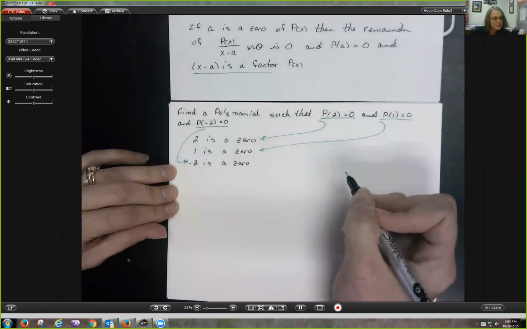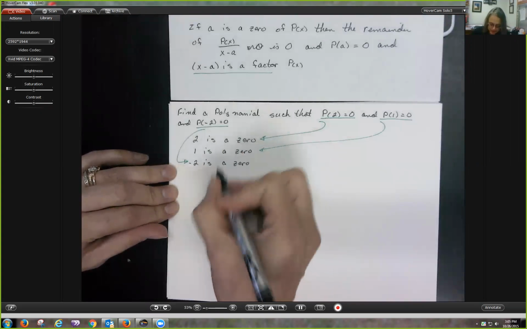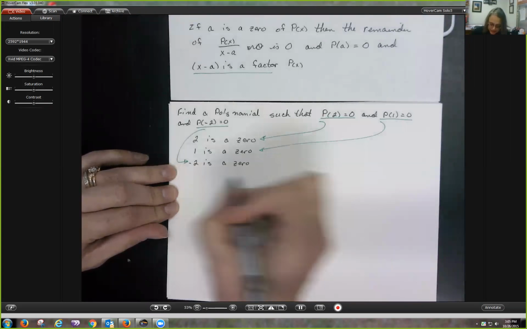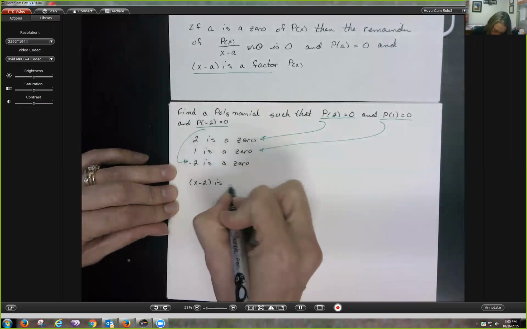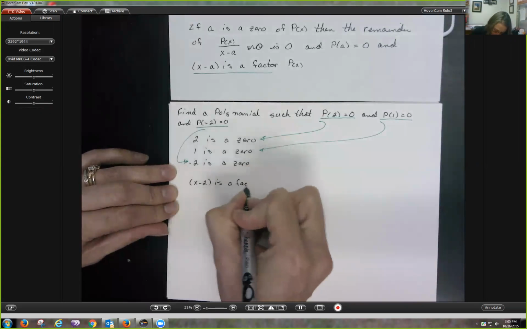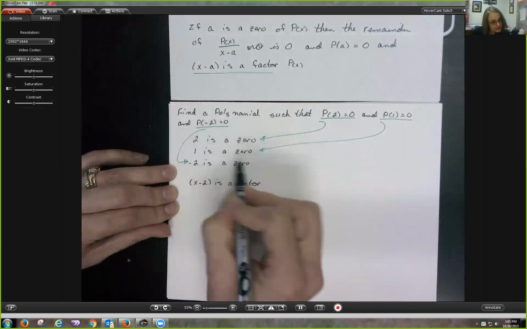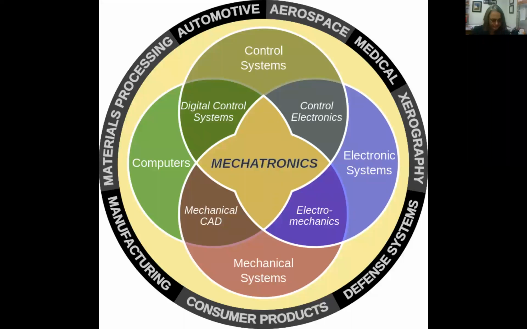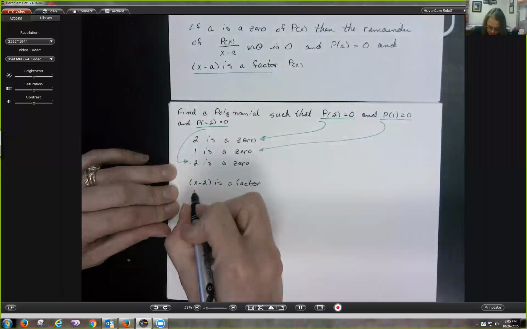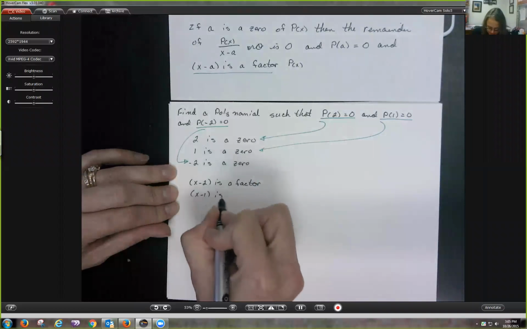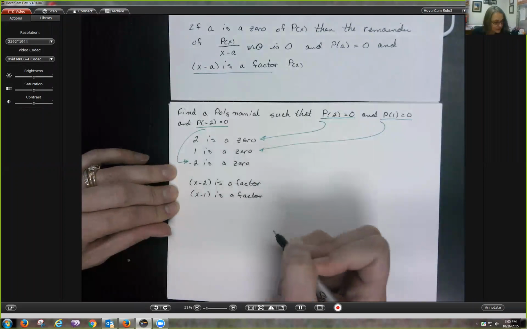So we can build a polynomial where these three numbers are all zeros because if 2 is a 0, that means that x minus 2 is a factor. And if 1 is a 0, that means that x minus 1 is a factor.